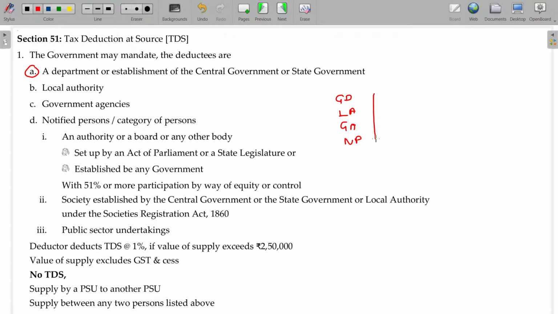In these four cases, they have to deduct the TDS under section 51.